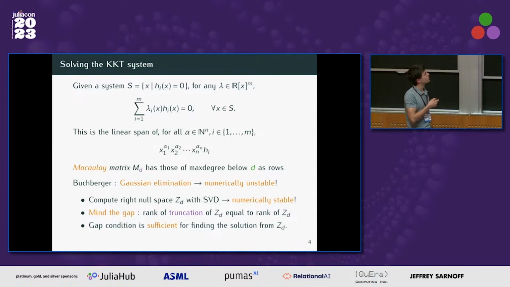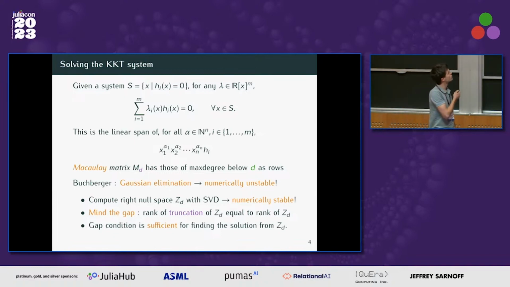If you want generators of everything you can generate like that, you can basically multiply your polynomials by just monomials, and this is going to generate all the polynomials you can generate if you consider all possible monomials. If you put all of these in a matrix, of course, it's an infinite matrix, but if you restrict the maximal degree, you have a matrix increasing in size with the degree. And so one approach to solve this system of polynomial equations is to take this matrix and reduce it with Gaussian elimination, or to do row echelon form.